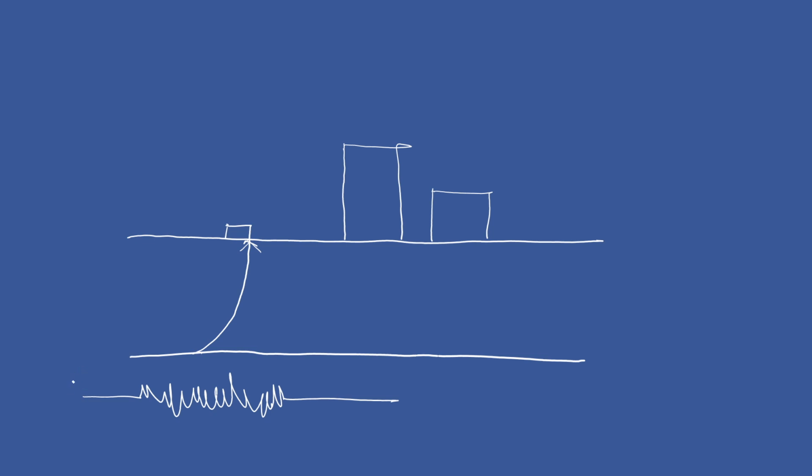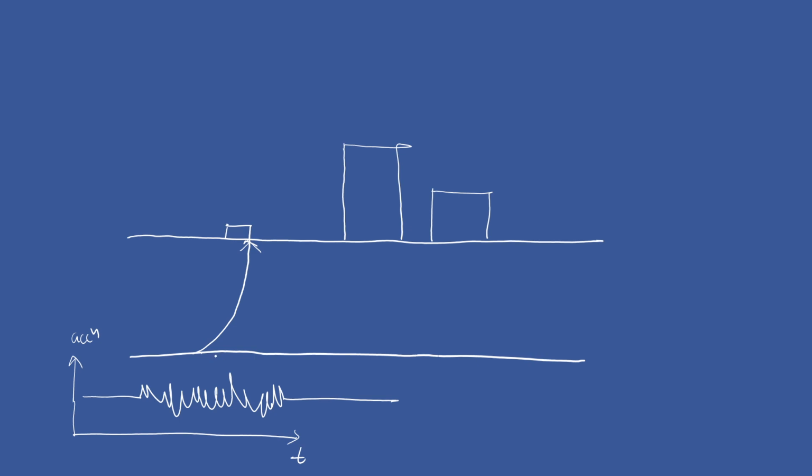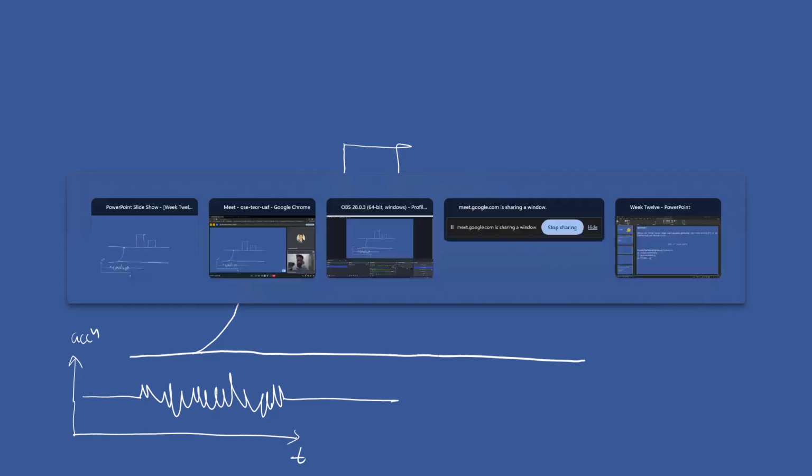So let's say if this is a particular plot, on the y-axis you are having acceleration, and on the x-axis you are having the time. Okay. So let's say this is a movement of the seismic waves to the ground surface, and what has been asked in the question.